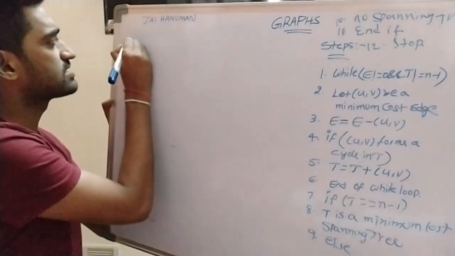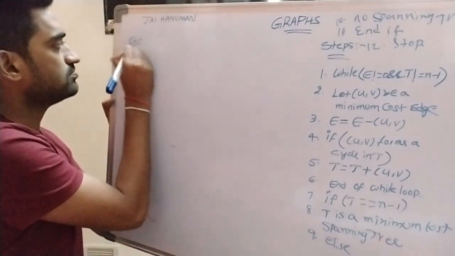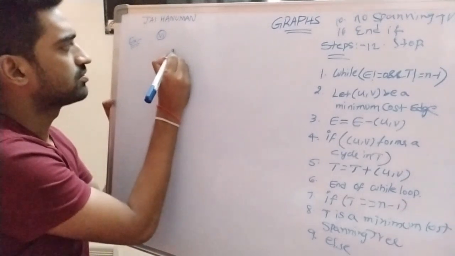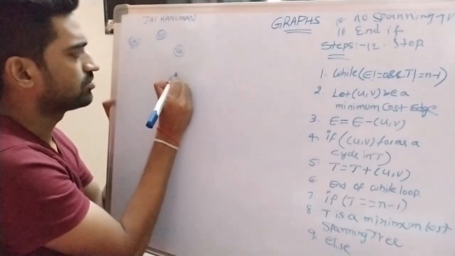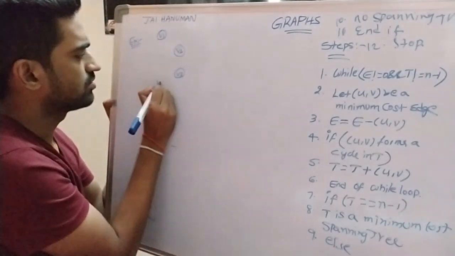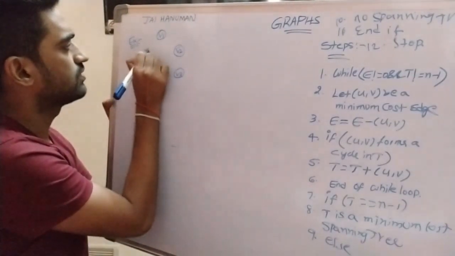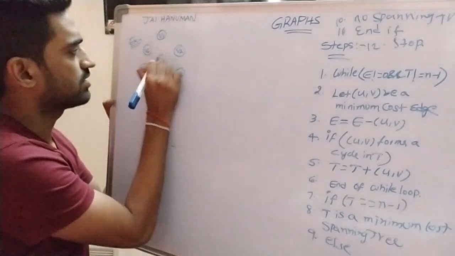So here I am taking one example. Vertices V1, V2, V3, V4, V5, V6, V7.